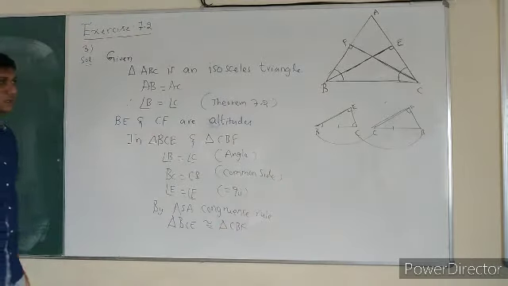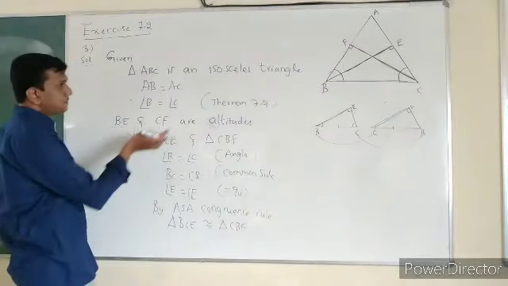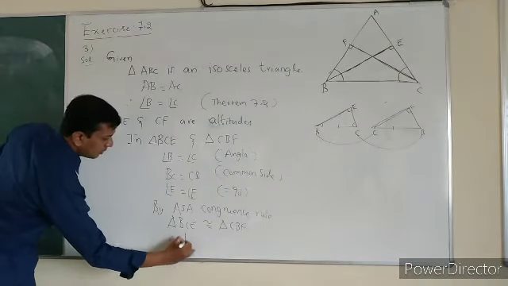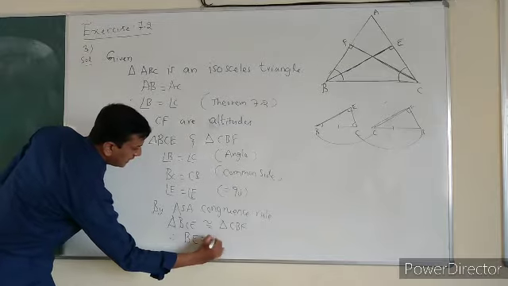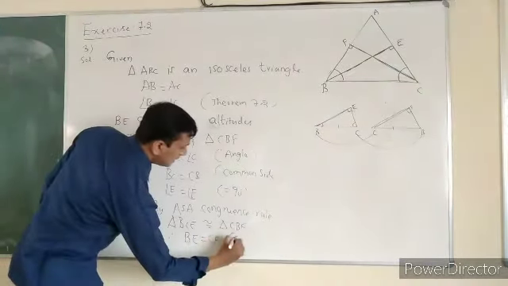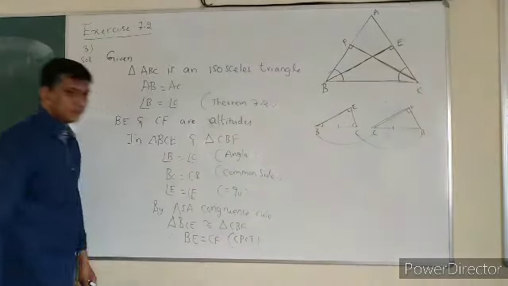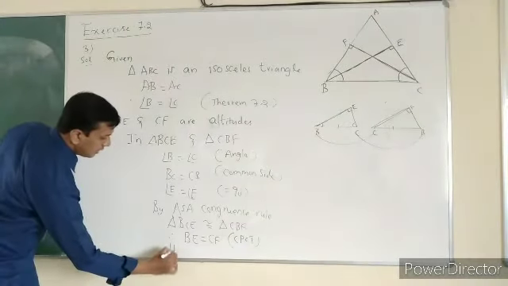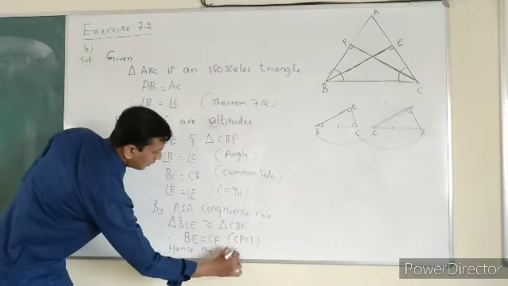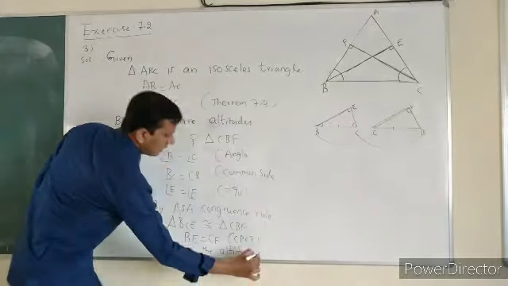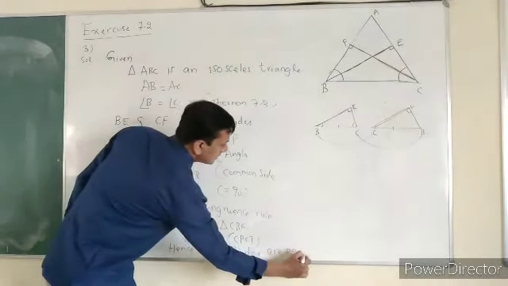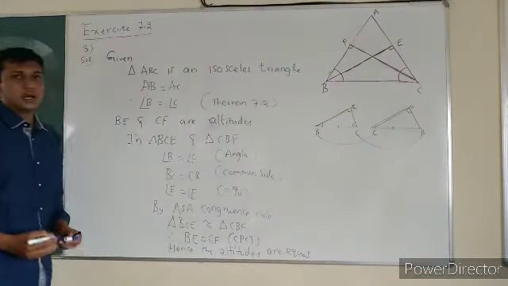Once they are congruent, I can say that these altitudes BE is equal to CF. Why are they equal? Because of the CPCT rule. So therefore, hence the altitudes are equal. So this statement you can write in the conclusion.